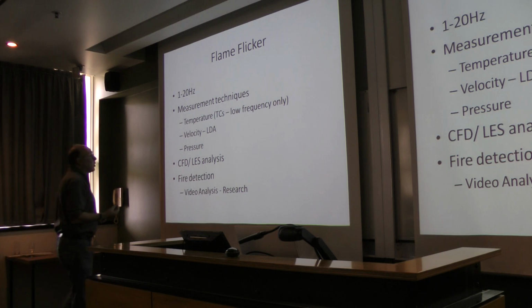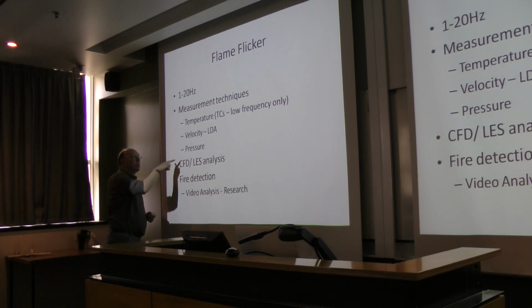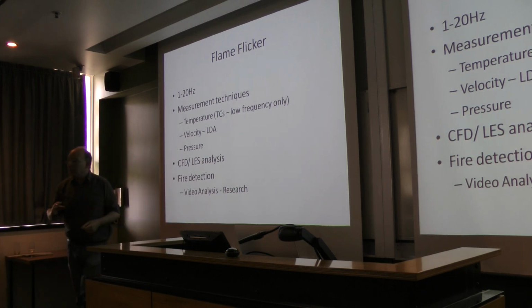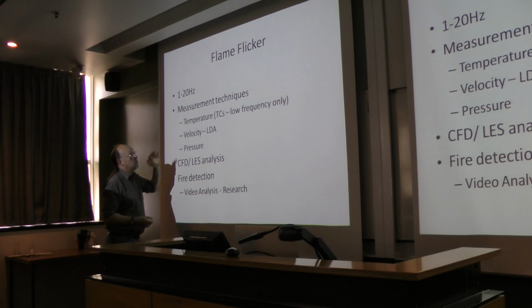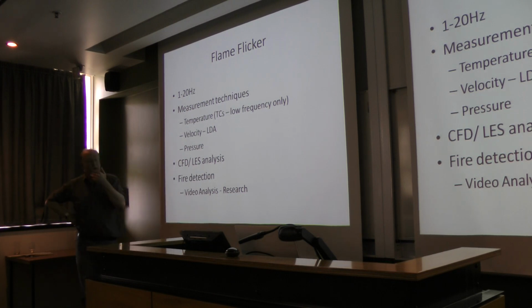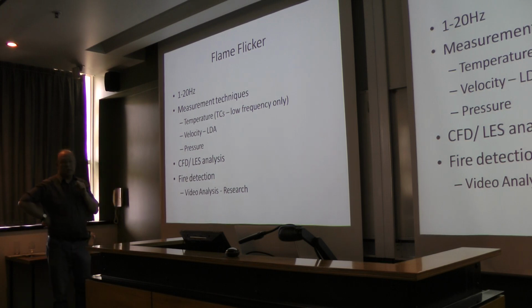Or even put a pressure transducer in. You can pick it up from the pressure field. So it's a very strong feature. Obviously, none of those can be used as a basis for fire detection, because you've got to put them in, or point your lasers at them, and pointing lasers at things other than in lab conditions is not really appropriate.